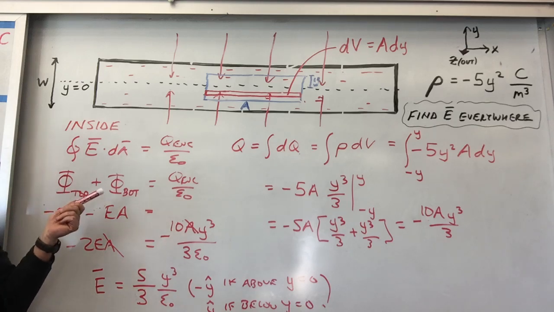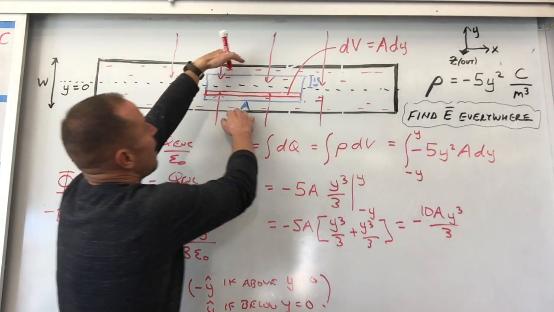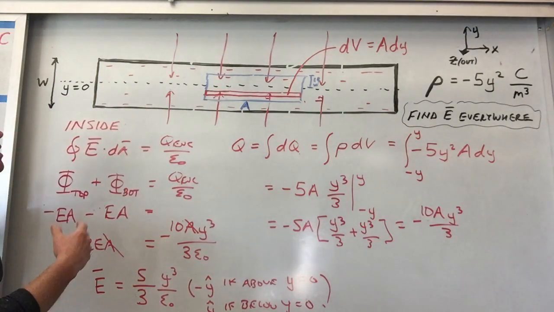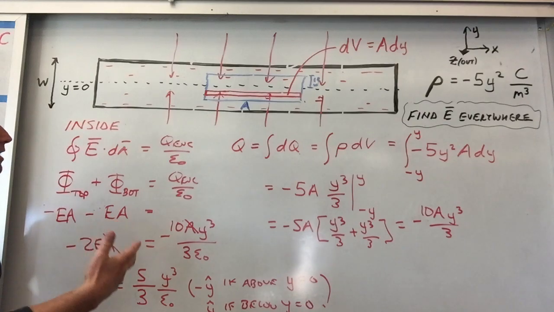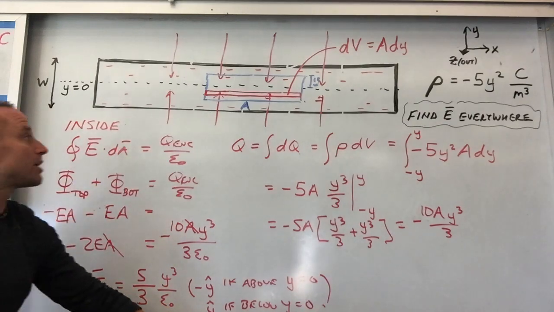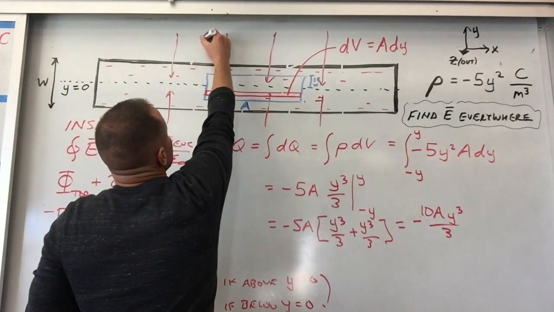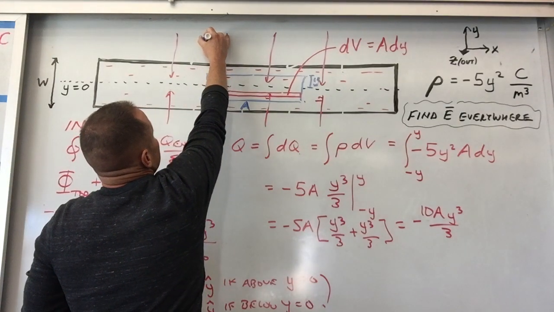Now what we're going to do is get the field outside this thing. And so when you do these problems, you don't want to redo a bunch of unnecessary work. So when you go outside, the only thing that's going to change is your Gaussian surface.